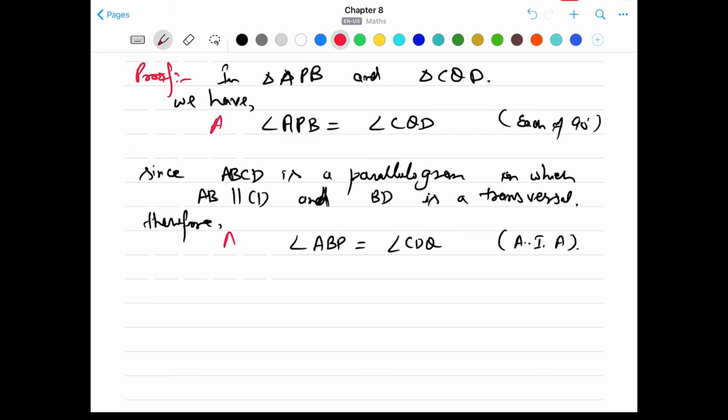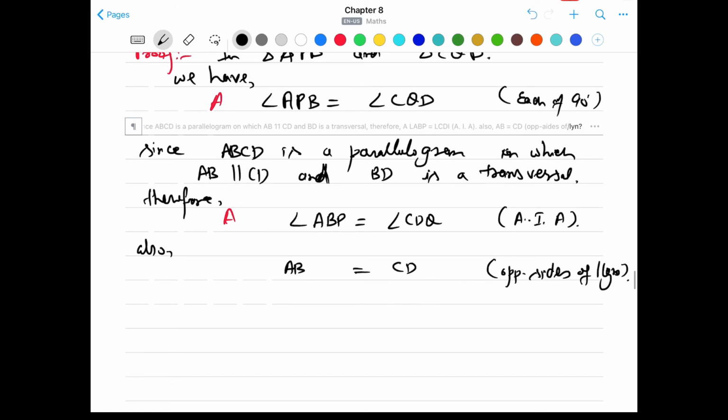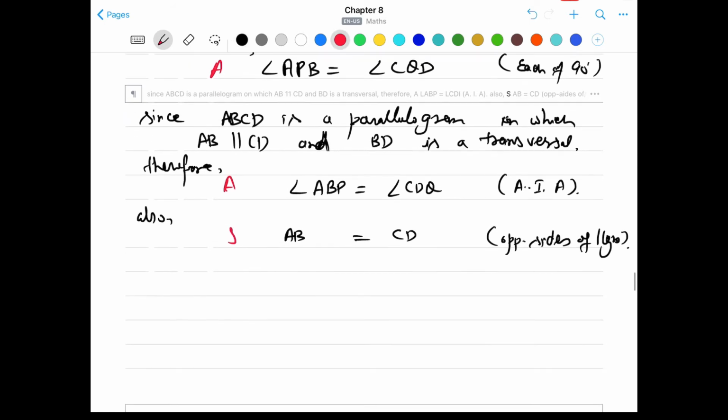So we got one angle here, another angle here, and we also have side AB equal to CD because they are the opposite sides of a parallelogram. So we got now a side.